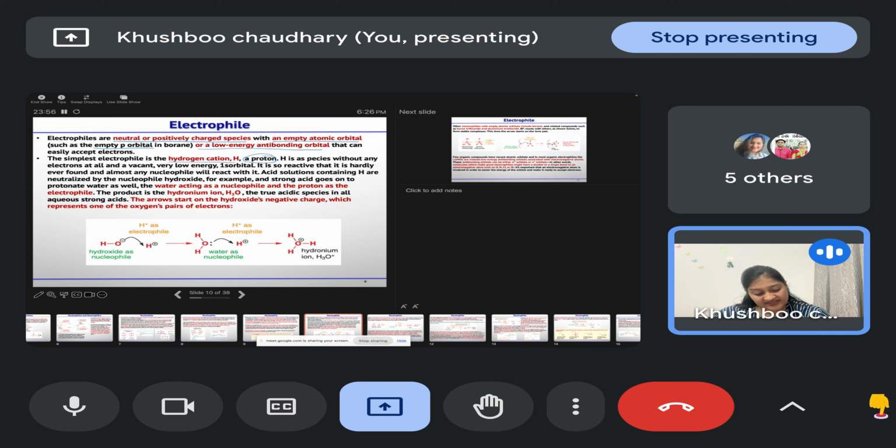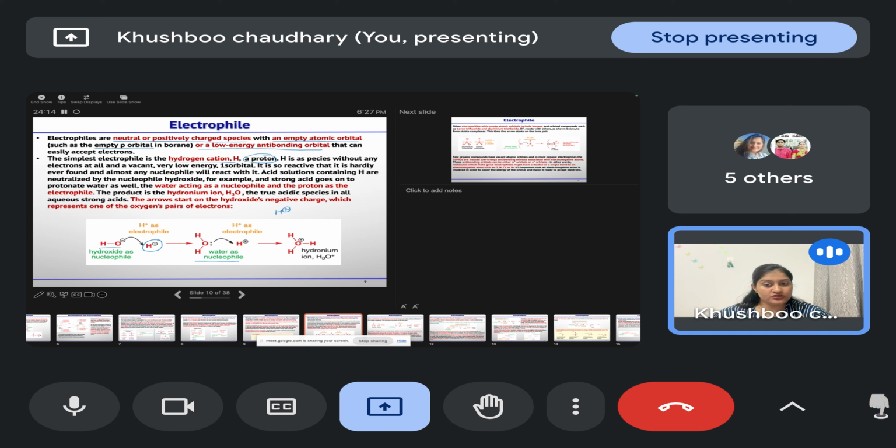So proton is H positive ion and is present in water or in acids, everywhere. So if we have water or hydroxide ion, then that hydroxide ion will abstract a proton, leading to the formation of water.